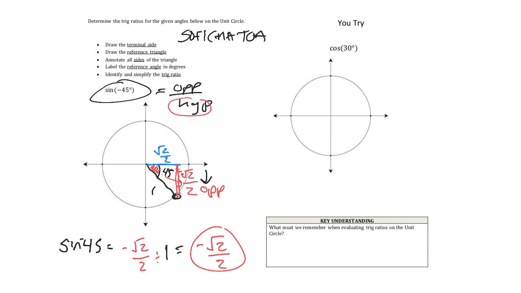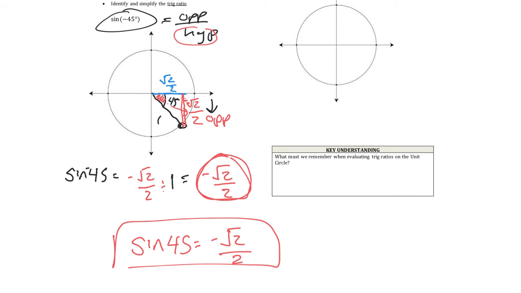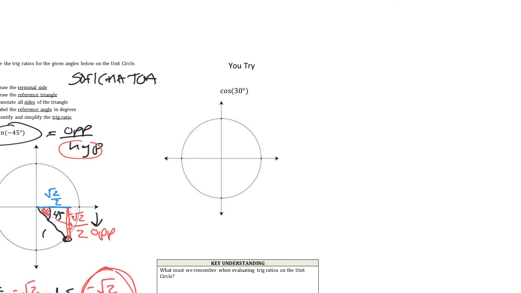So on your calculator, if you typed in sine of negative 45, you would get negative 0.707 or negative square root of 2 over 2. So that's our final answer. We just did trigonometry using the unit circle to get our answer. And now we don't even need the calculator. Kind of cool that we could do trig in our head.